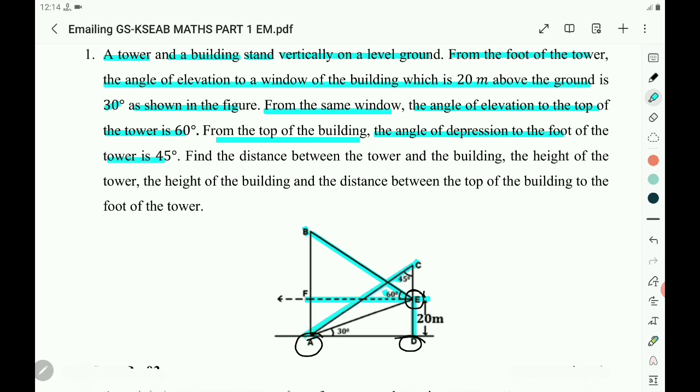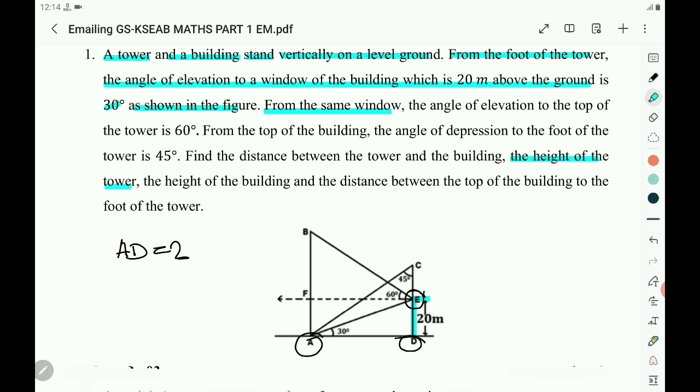What we have to find out? We have to find the distance between the tower and the building. AD is to be found out. So you write AD equals question mark. Then we have to find out height of the tower.